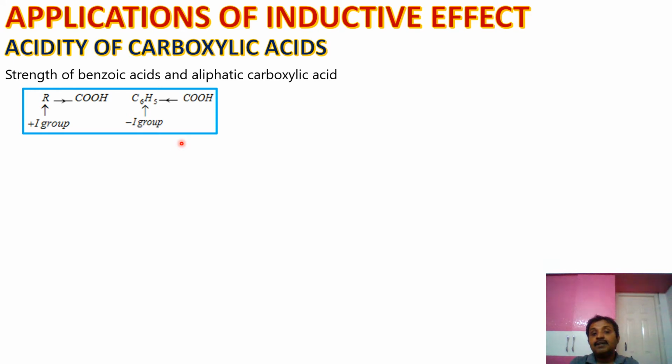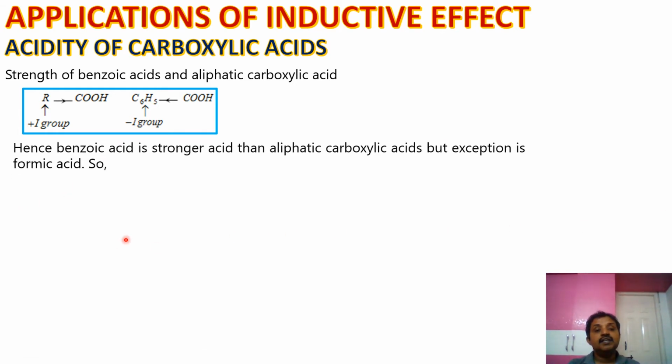So as the stability of the carboxylate ion increases, it makes the carboxylic acid group release the proton. So the acidity increases with the addition of negative inductive effect groups, that is, electron withdrawing groups.